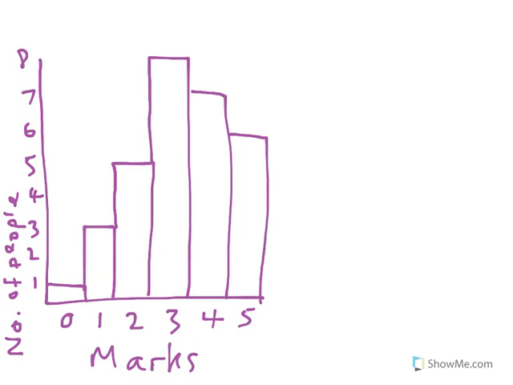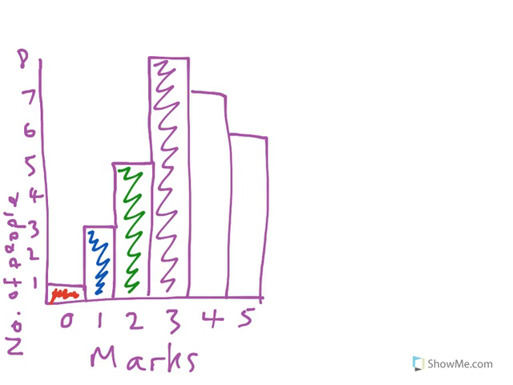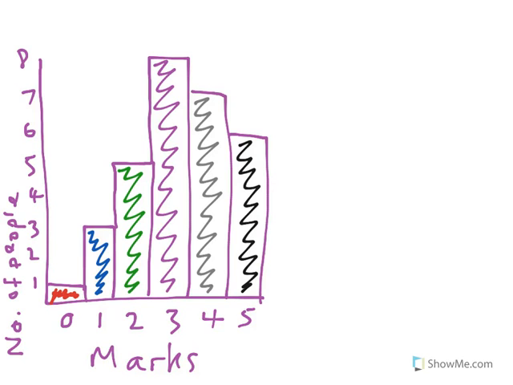You can see from the bar chart that one person got no marks and 3 people got 1 mark and 5 people scored 2 marks and 8 people scored 3 marks and 7 people scored 4 marks and finally 6 people scored 5 marks, and that's 30 people altogether.